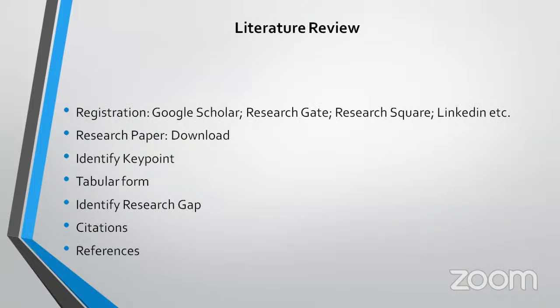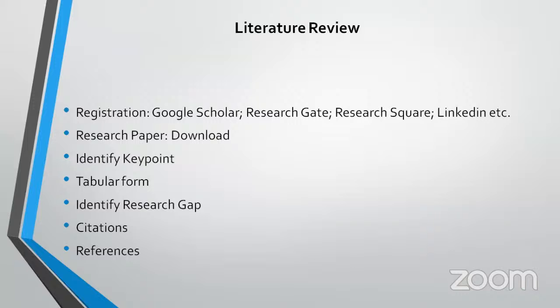Next, it is coming literature review. So how to go for literature review for any type of research, the primary idea you'll get from the literature review. Through these particular sites, Google Scholar, ResearchGate, ResearchSquare, LinkedIn, you have to register yourself so that you can see different types of papers. Suppose you want to do research in product design. So this keyword you put in Google Scholar, and the papers related to product design will come.